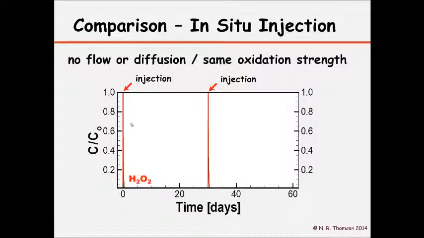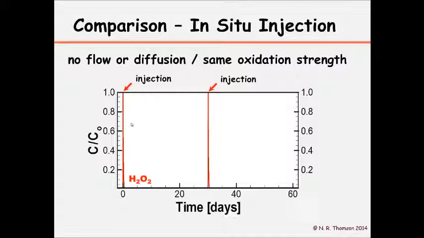Let's inject peroxide, persulfate, and permanganate into an aquifer, which has no flow and no diffusion at all. Let's inject in these 3 oxidants now at the same oxidation strength.